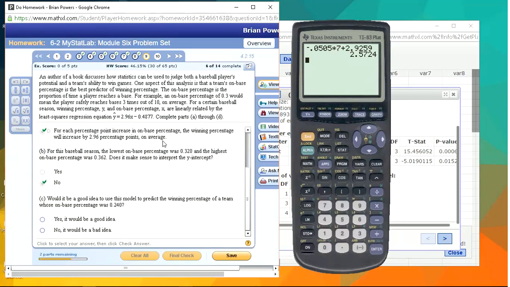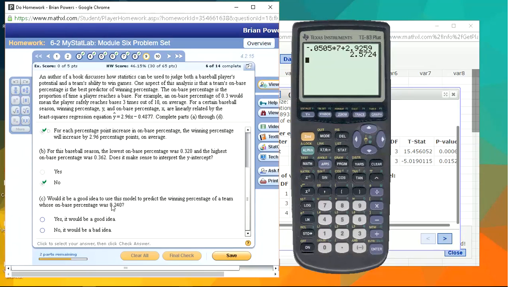So the other thing is interpolation and extrapolation. Extrapolating from a data set means we're trying to extend the linear model past what our data had as sample data. We are told that in the data set, the lowest value of x was 0.32 and the highest value was 0.362, which means this linear model is really only good for regression for inputs in that range.